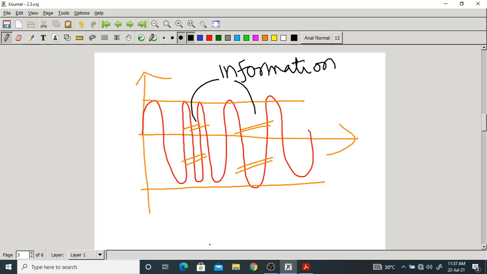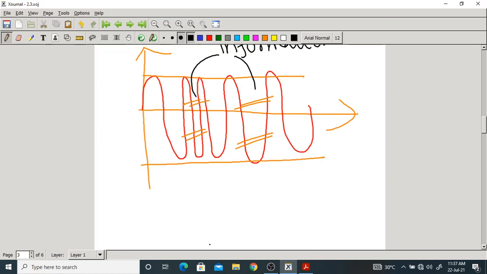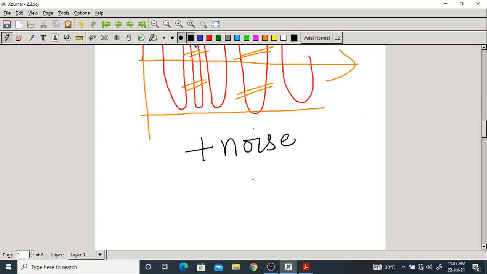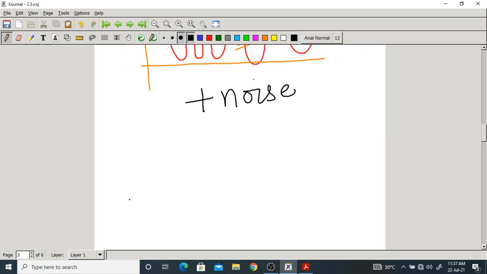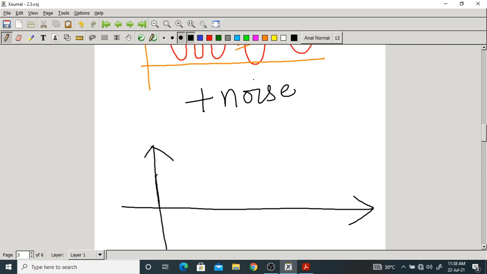Now, because of noise, if you add noise to the FM signal, there can be some fluctuations in the amplitude.